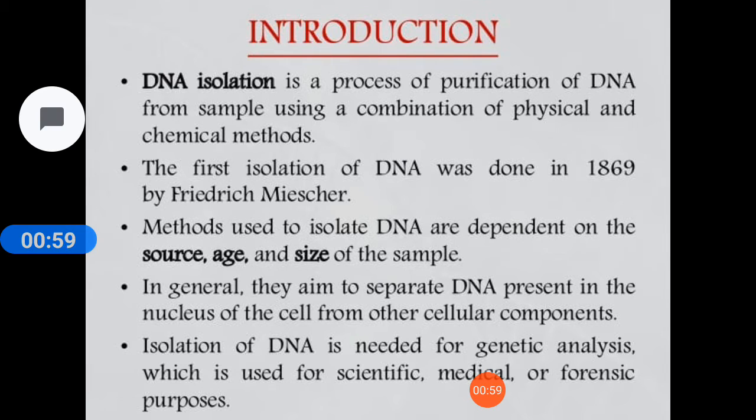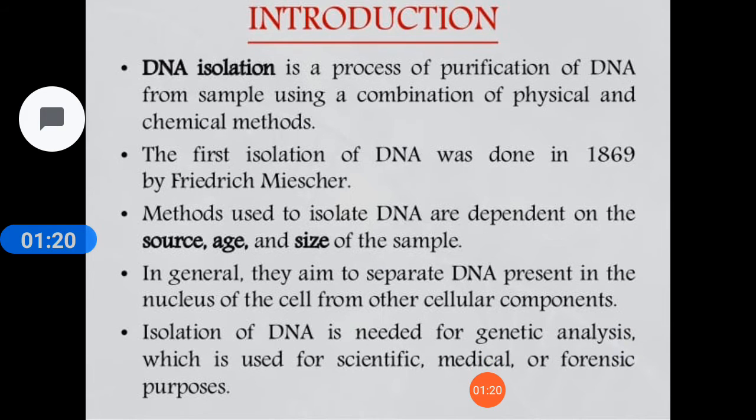The first isolation of DNA was done in 1869 by Friedrich Miescher, and the methods used to isolate DNA depend on the source, age and size of the sample. In general, they aim to separate DNA present in the nucleus of the cell from other cellular components.